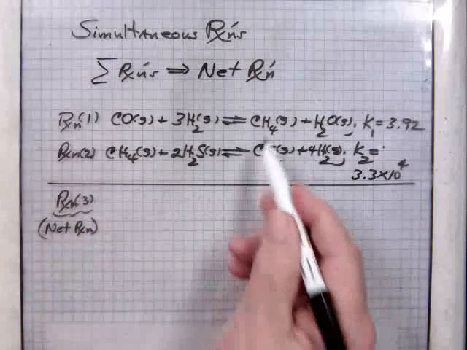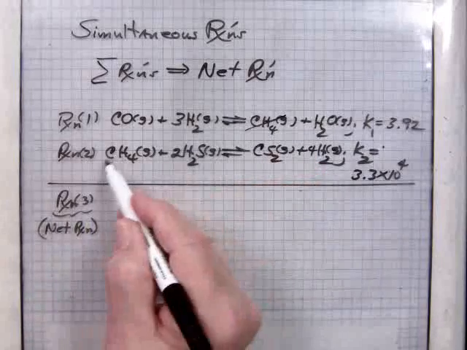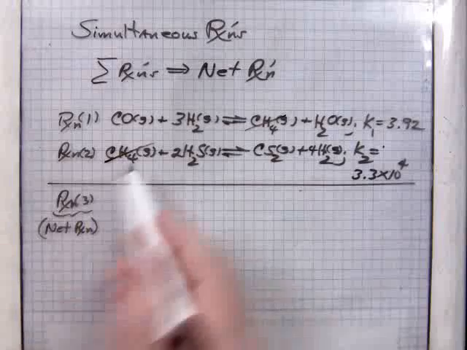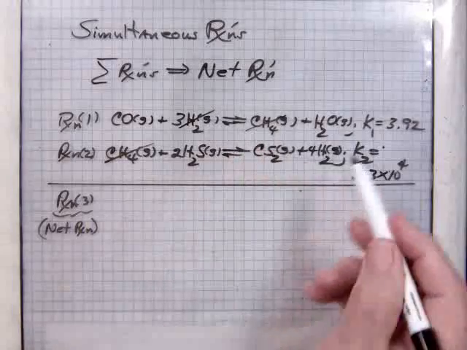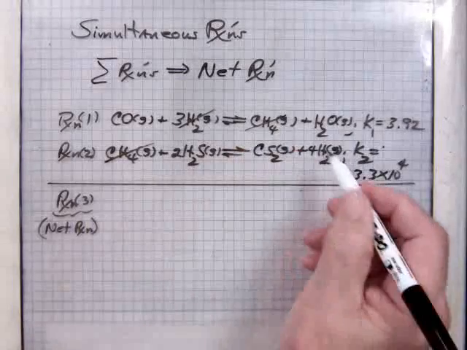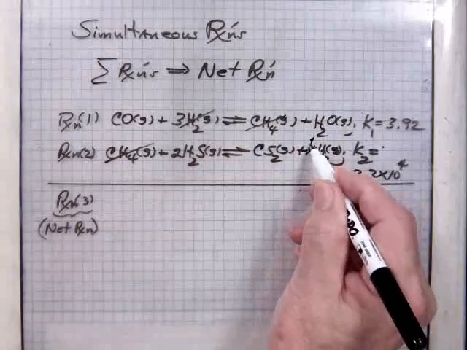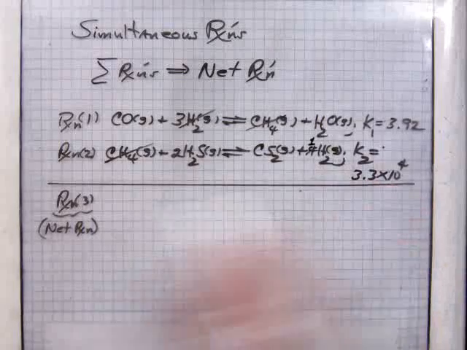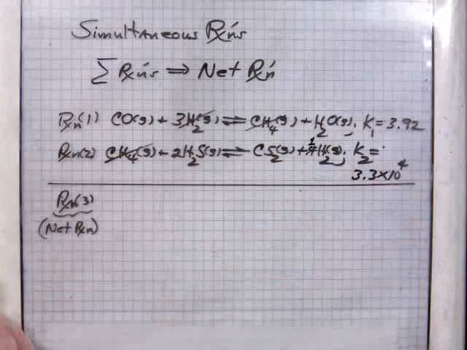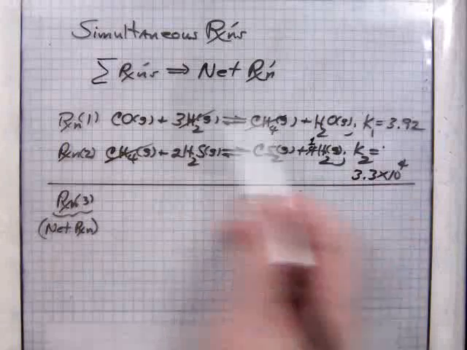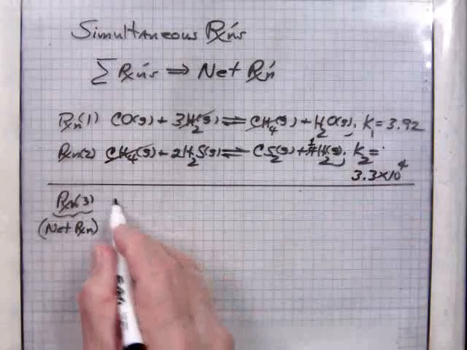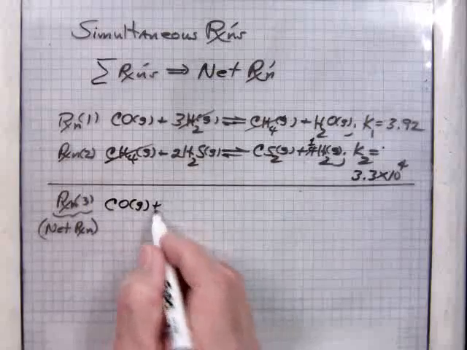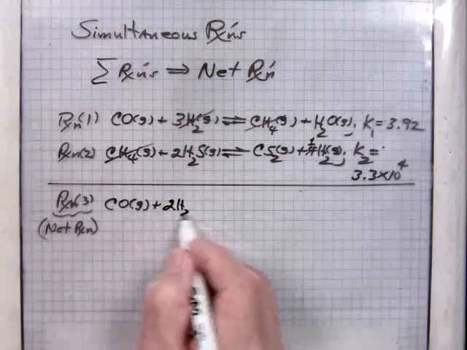Well, when we look at the reactant and product sides, we see methane will drop out. Three out of 4 hydrogen, so that becomes a coefficient of 1 on that term right there. And I think that's everything. So on the reactant side, we have CO as a gas plus 2H2S as a gas.